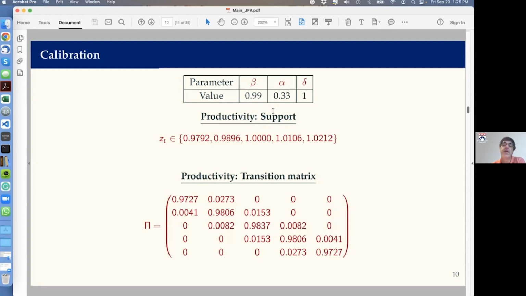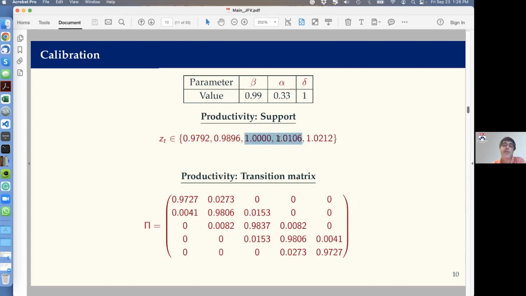Alpha, the curvature of the production function, is 0.33, which matches the evidence we have from the data. And the only odd parameter is delta equal to 1, because remember, we want to have this closed form solution. In the real world, delta will be more like 0.1. So we are making delta 10 times larger than what it should be. And productivity is going to have 5 values.